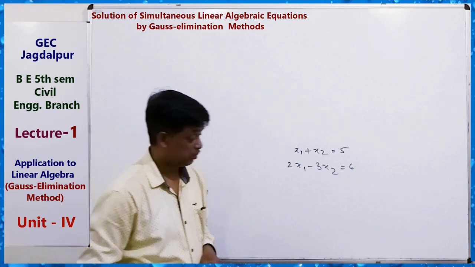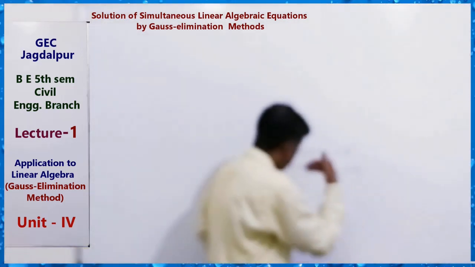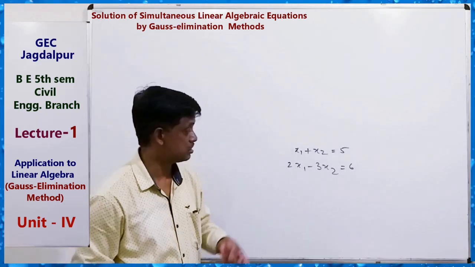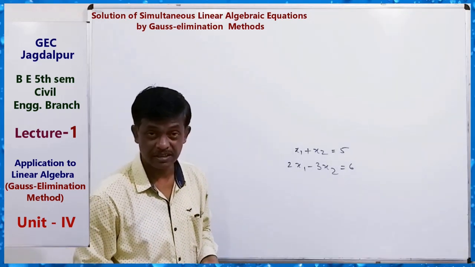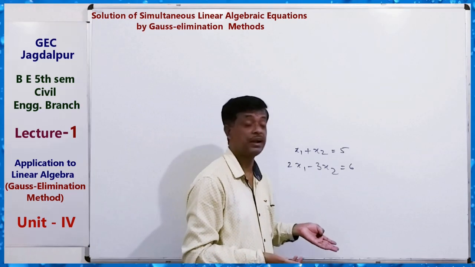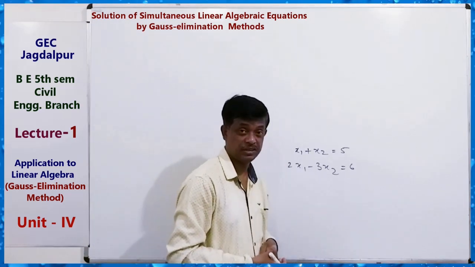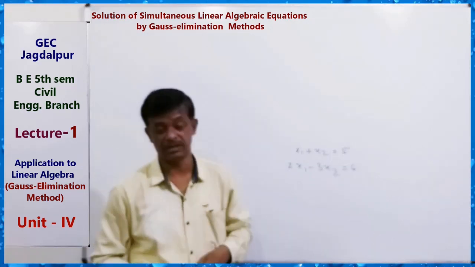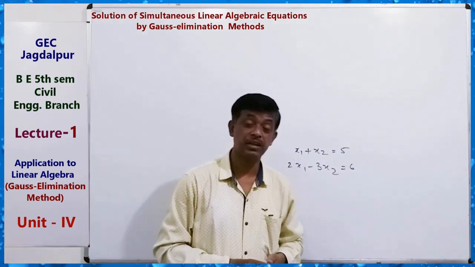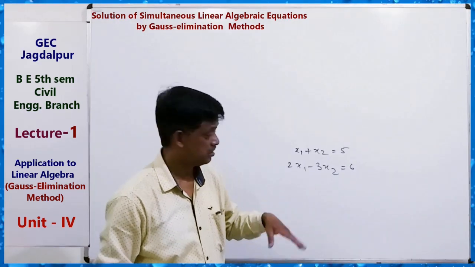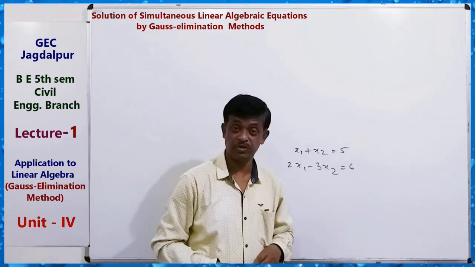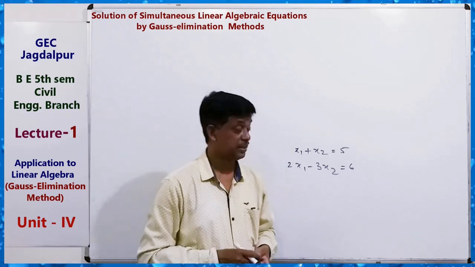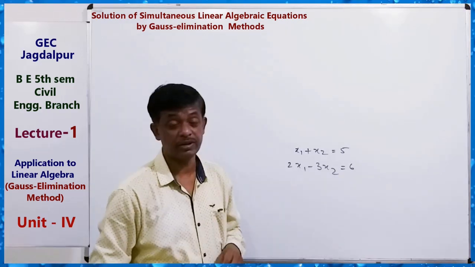Now suppose we have three unknowns and three equations, four unknowns and four equations, five unknowns and five equations. How can we find the solution? Up to 3 or 4 we can use the matrix method, or Cramer's rule, or the consistency of the system. But when is a numerical solution required?